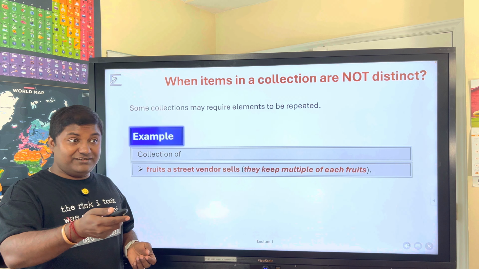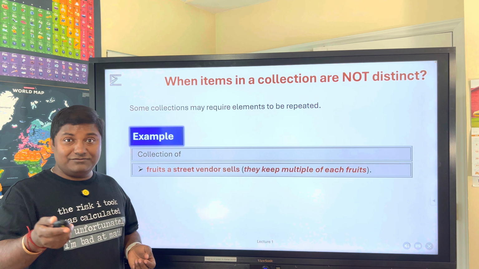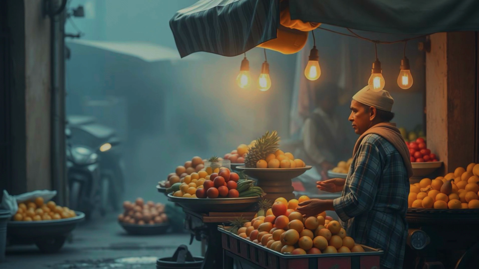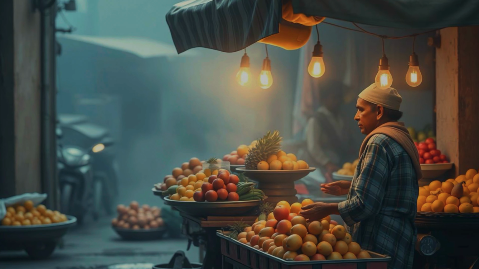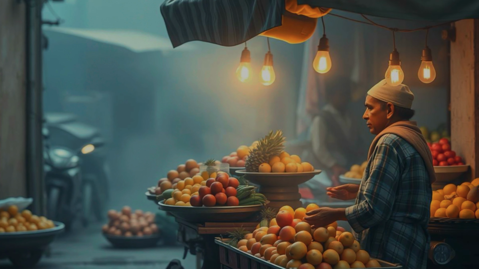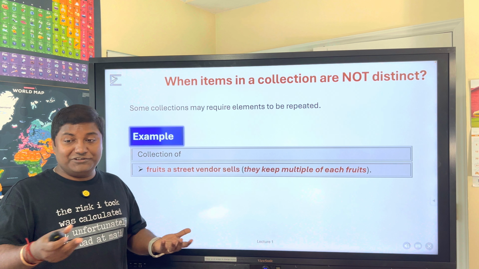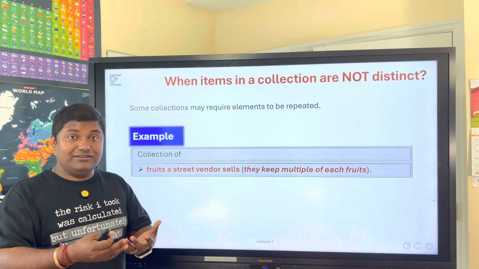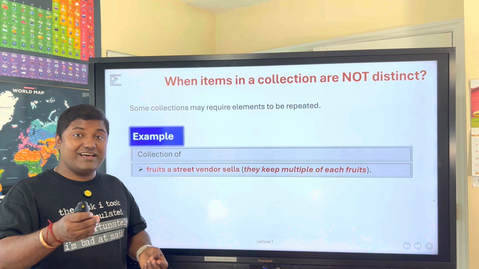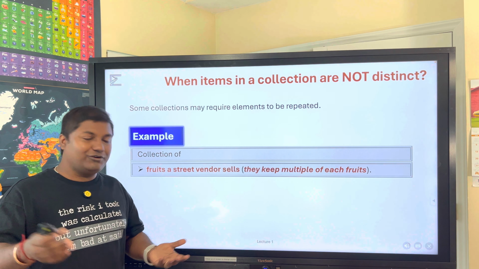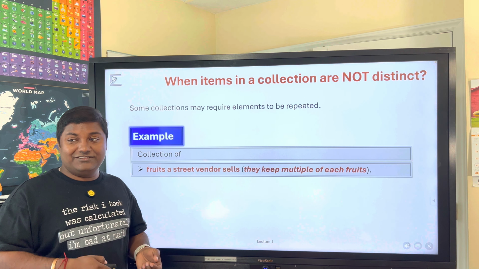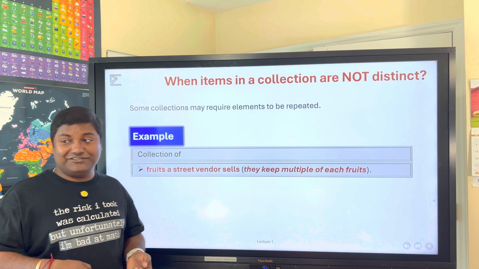Whenever you find a fruit vendor in a street, what do you see? They have multiple buckets, and in each bucket they have a lot of fruits of the same kind, right? So if you consider this as a collection of fruit he's selling, there are a lot of fruits which have multiple copies, the same kind of fruit. So there the items are actually not distinct.